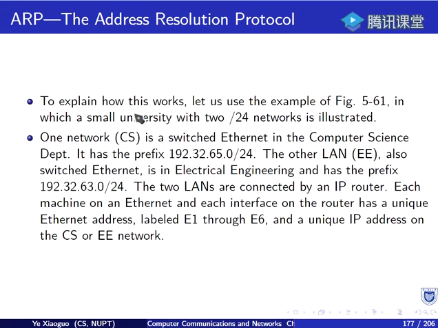To explain how this works, let's use the example of figure 61, in which a university with two /24 networks is illustrated. One network, for example the computer science department, is a switched Ethernet.